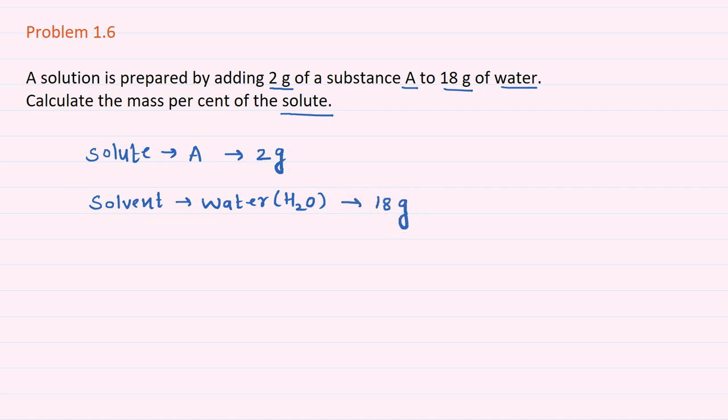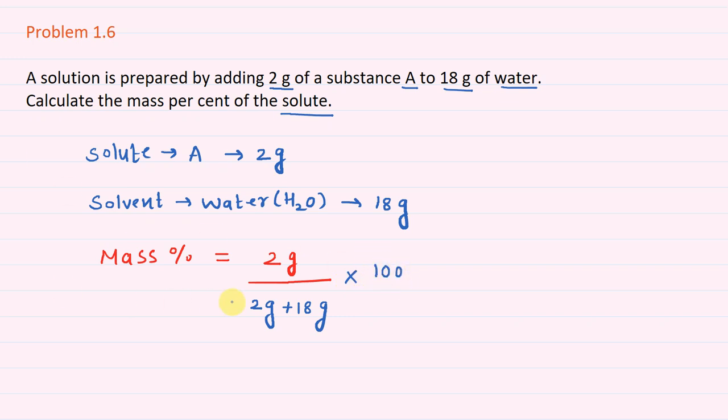Then using the formula we can say that the mass percent is equal to mass of substance A, that is solute, we can write 2 grams here, divided by mass of solution. Then what will be the solution's mass here? It will be 2 grams plus 18 grams. Now we will multiply this by 100.